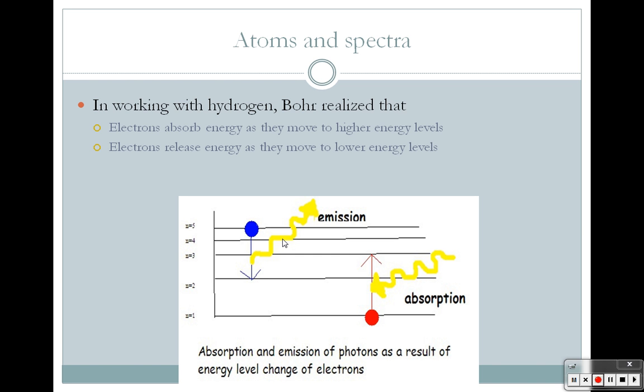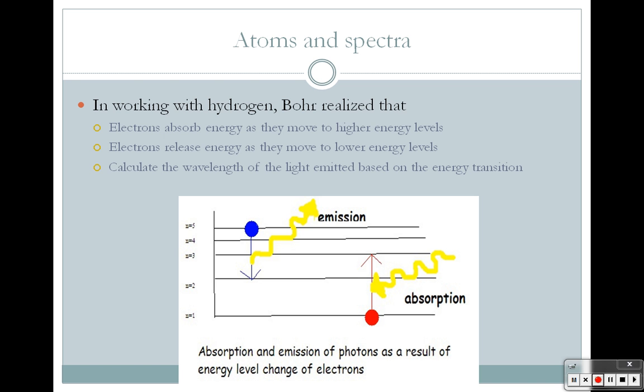I don't know if this was exactly Bohr who realized this, but Bohr is credited with putting this all together into the atomic model. You'll notice on the side here we've got our principal energy levels, N1, N2, N3, N4, N5, and so forth. And one of the things you might notice is that as you go from N1 to N5, the energy levels actually get closer together. Those of you who read about this in the book know that. Those of you who didn't, that might be new to you.